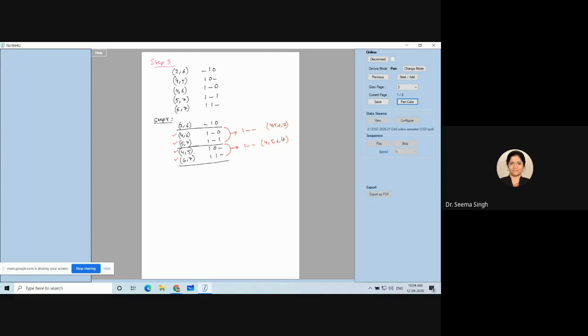Whatever we are getting in this are called prime implicants only. So this is also one prime implicant. This group is also one prime implicant. This group is also one prime implicant. Now I did not put a tick on this first one. So it is not that I will leave it. I will have to take it.